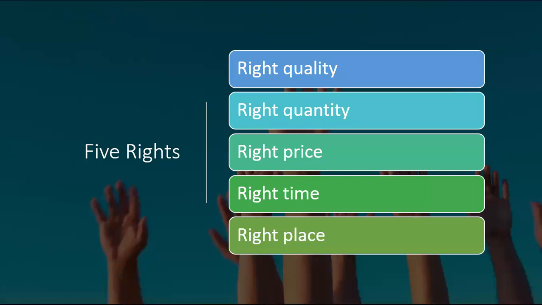For example, with right quality, we achieve that by correctly defining the needs and producing a high quality, detailed specification. Or for the right time, we achieve that by correctly planning and defining the needs correctly.